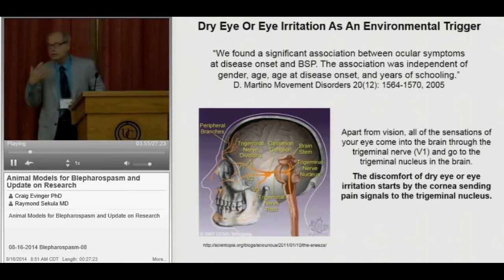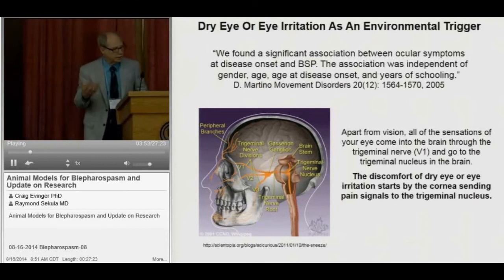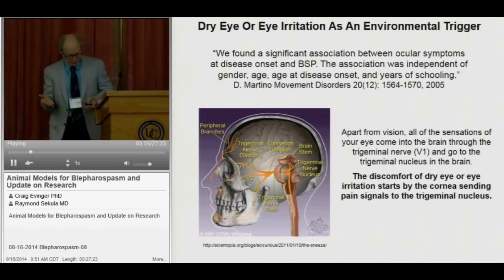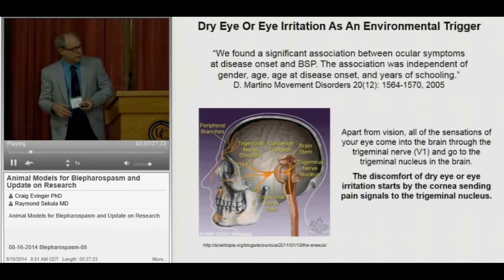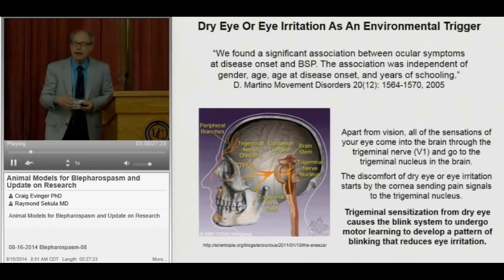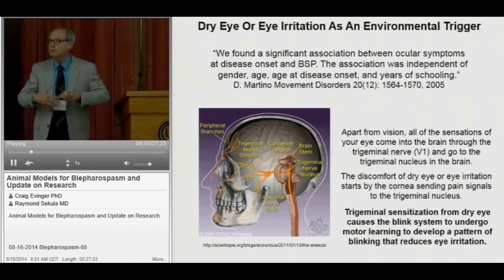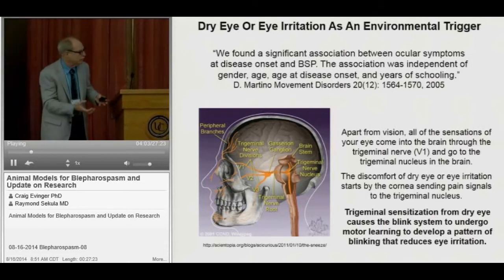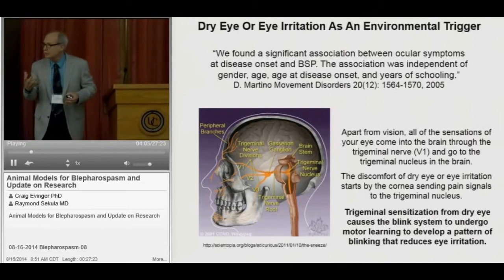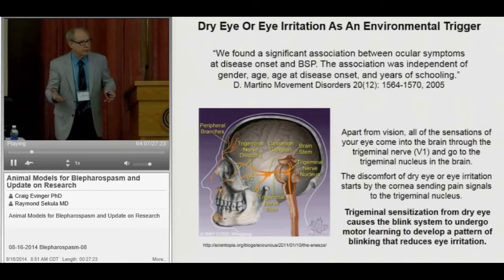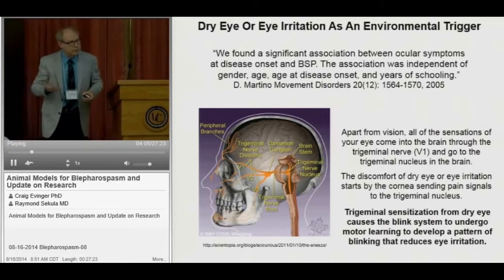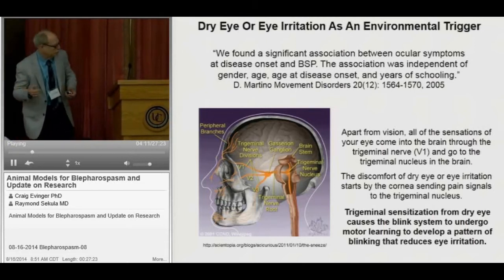And when your cornea gets exposed and you get lots of pain signals coming to the trigeminal nucleus, you get sensitization, and as you undergo motor learning, which changes your blink circuit, you can start compensating for the dry eye. Keep the tear film going as well as you can.